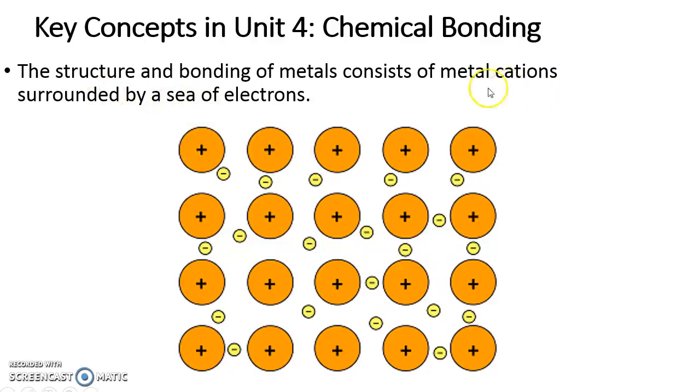Metallic bonding is a little bit different. You basically have a sea of metal cations surrounded by electrons. So for these metals, their valence electrons just kind of flow freely. This electron here might have originally belonged to this metal up here. So when you think of metallic bonding, think sea of electrons.